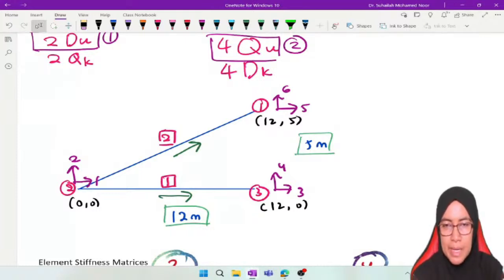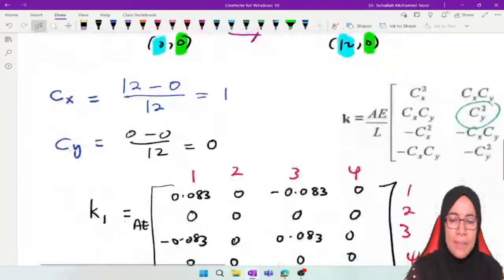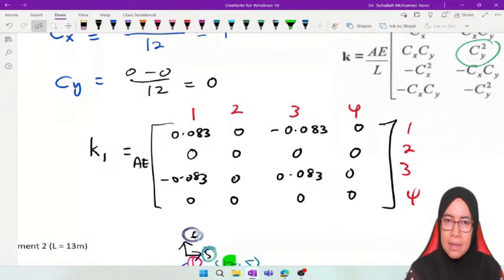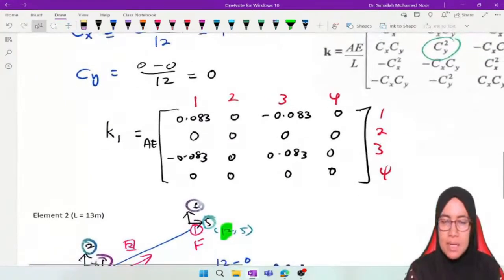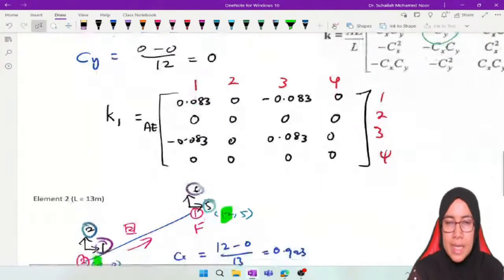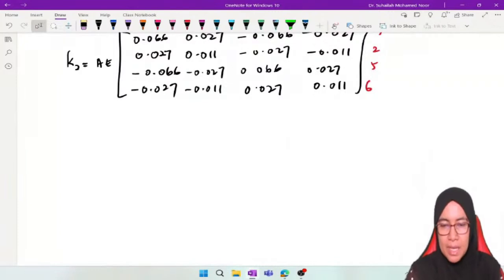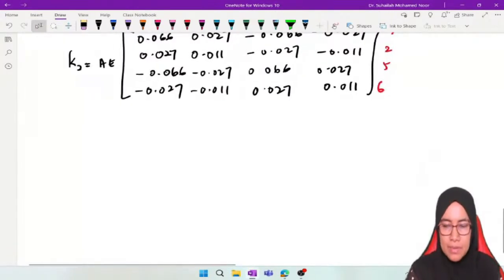So we will produce a structure stiffness matrix of size 6 by 6. The labels that we put in K1 and K2 represent the positions in the structure stiffness matrix.